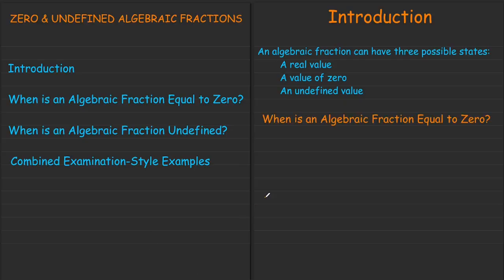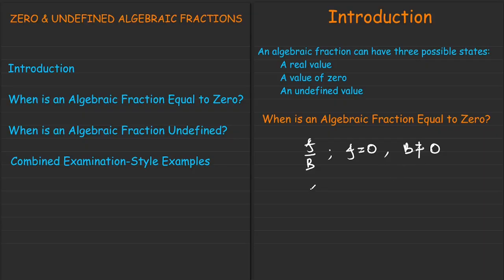So with that in mind, when do we say an algebraic fraction equals zero? The algebraic fraction is equal to zero if the numerator is zero and the denominator is not equal to zero. So what I mean is, if you have an algebraic fraction such as a over b, and a is equal to 0 and b is not equal to 0, then we say your algebraic fraction is 0.